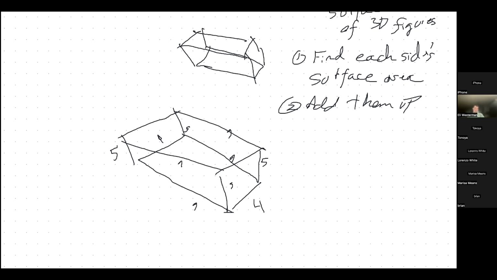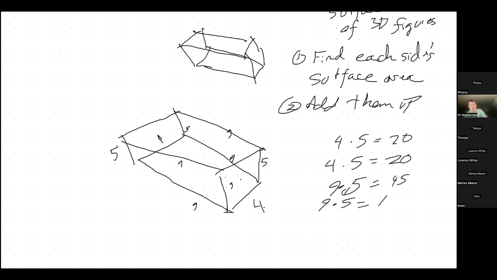Well, we're going to have to do each set of sides. The first sides we have are on the ends, and they're 4 times 5. So 4 times 5 is 20, and we have 2 of those sides. Next sides we have are the side sides, and those are 9 long and 5 high. So we can say 9 times 5 twice, 45, 45.